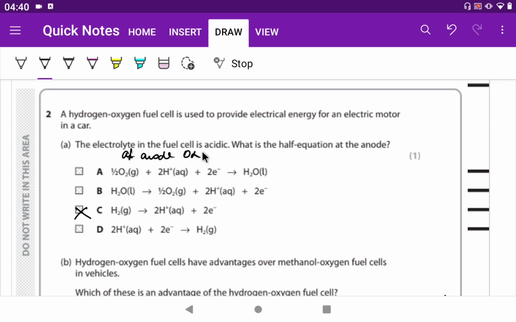Therefore the only option is C, which oxidizes from 0 to +1 H plus. So the correct answer is C.